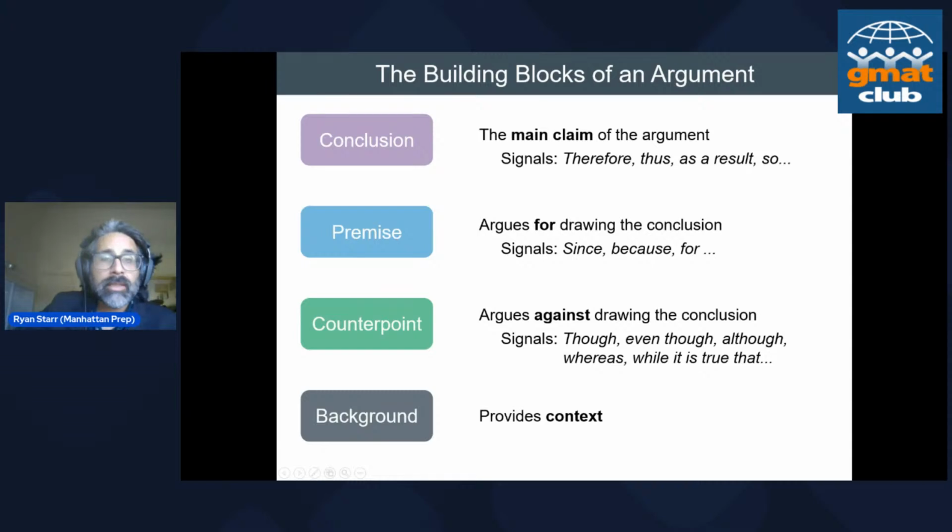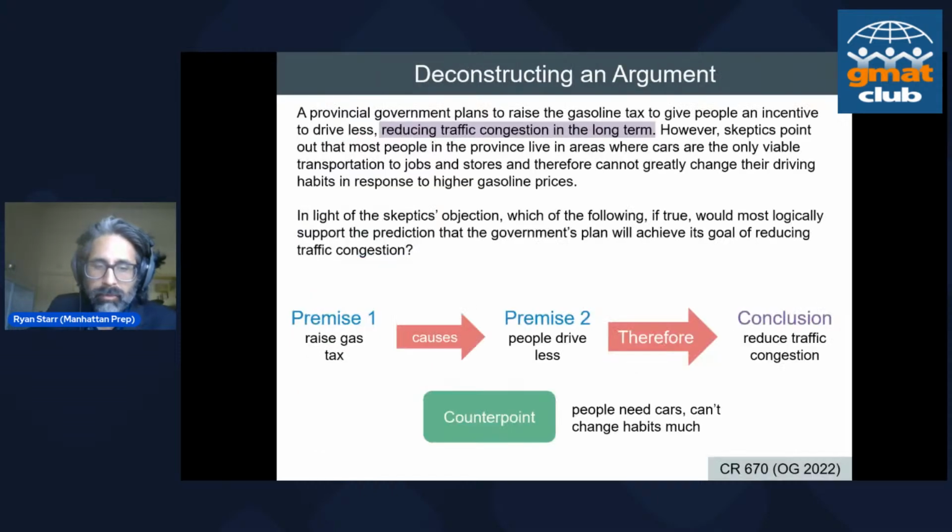There are other parts of an argument that can come up. For instance, let's look at a slightly more complex argument with a different part in it. So, this argument, for instance, we've got a plan here, right? A provincial government plans to raise the gasoline tax to give people an incentive to drive less, reducing traffic congestion in the long term.